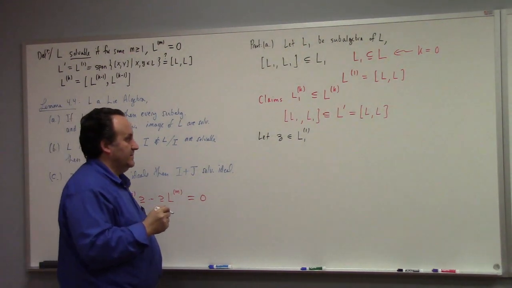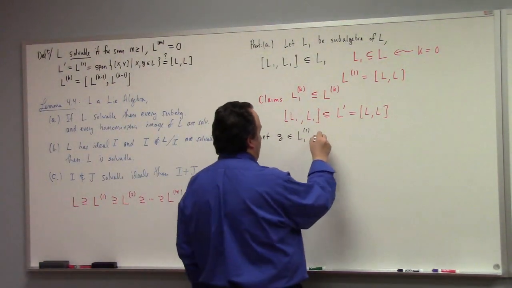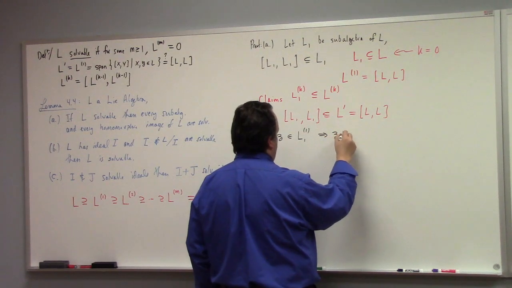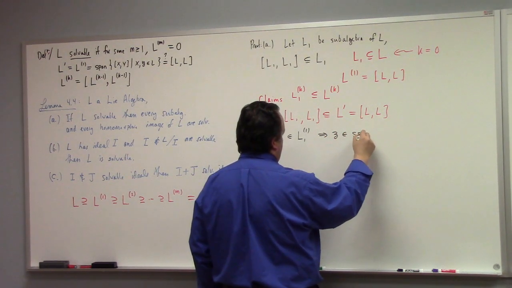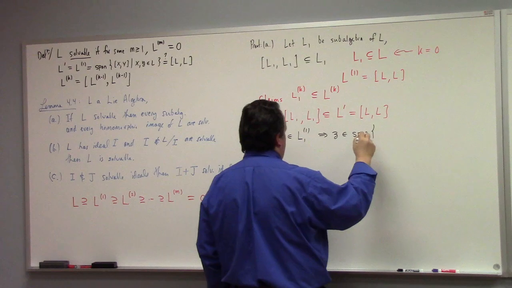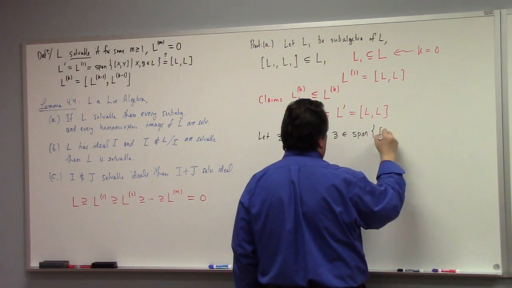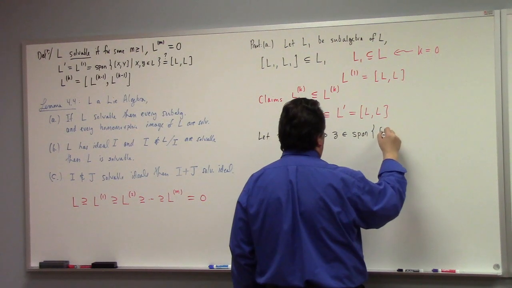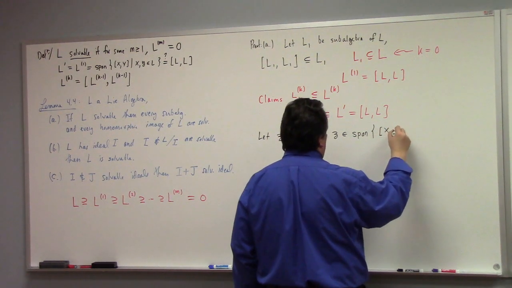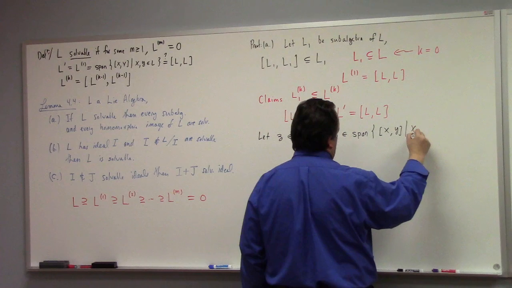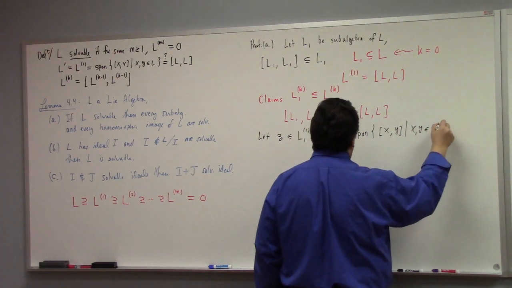That means Z is an element of the span of brackets of X and Y, such that X and Y are elements of L1.